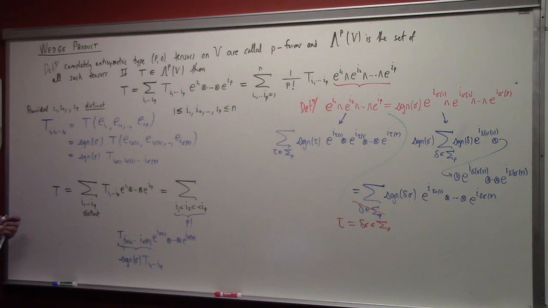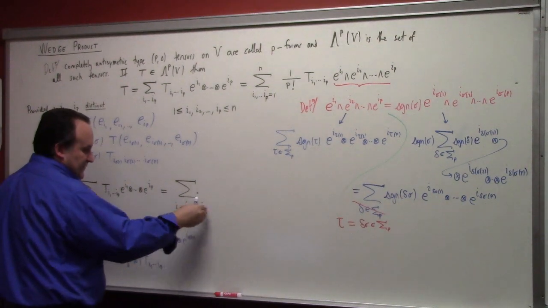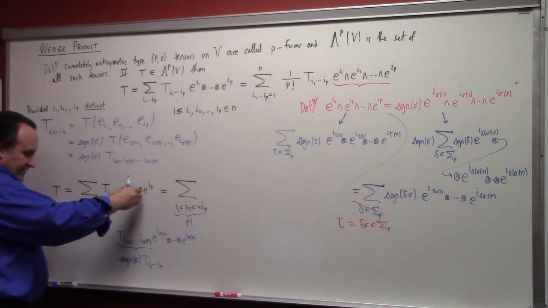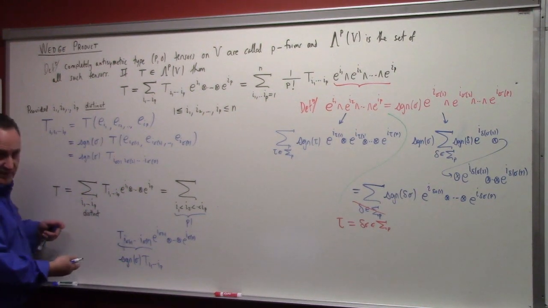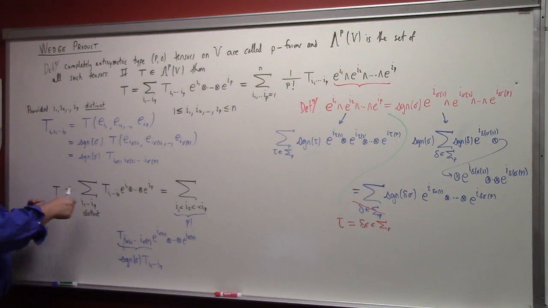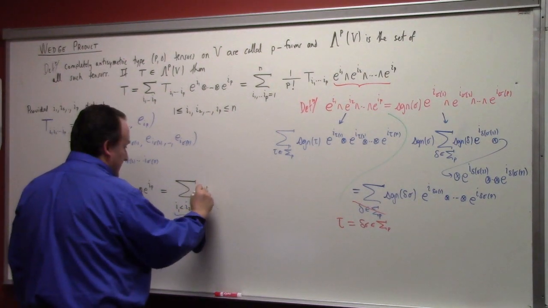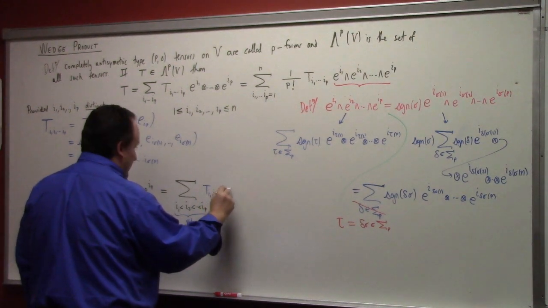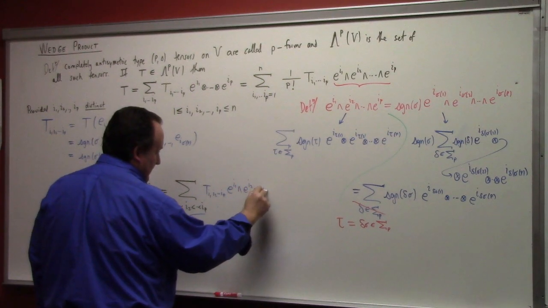So if I group all the terms that have this distinct p-fold selection of indices, I'm picking up exactly the tensor products weighted by the sign of the permutation that rearranges these p distinct indices, which is to say that what I put here is simply T i1 i2 ip, e^i1 wedge e^i2 wedge e^ip.